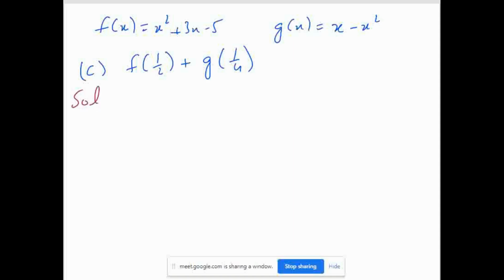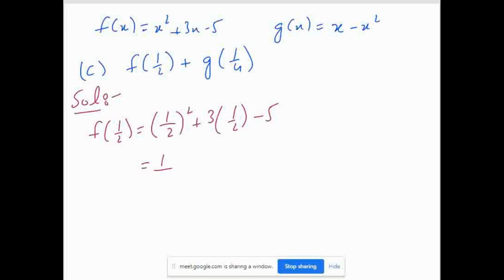Now we have to first find out the value of f of 1 by 2. So this will be 1 by 2 whole square plus 3 into 1 by 2 minus 5. So we have to replace x with 1 by 2. So from here we can say that this will be 1 by 4 plus 3 by 2 minus 5.